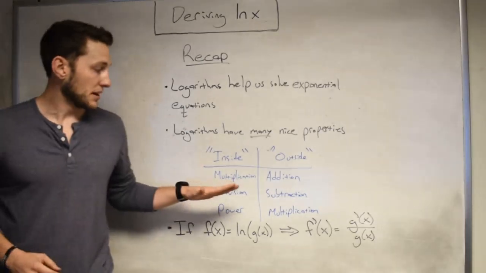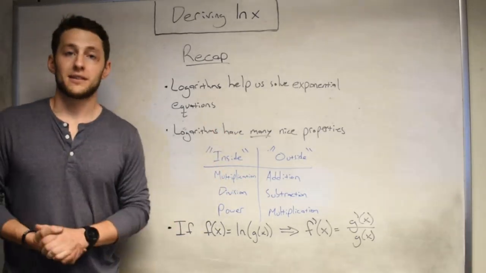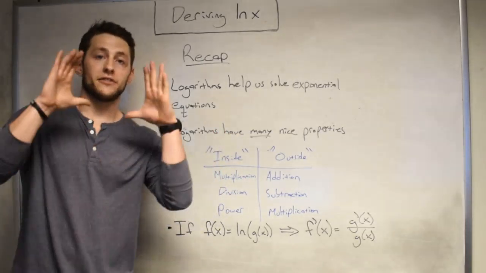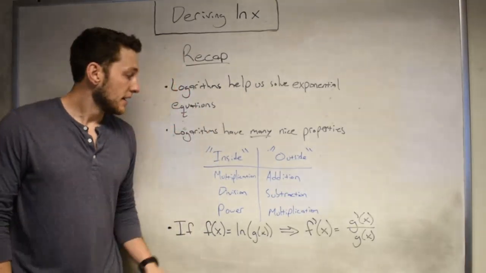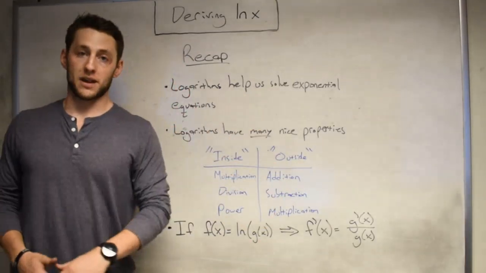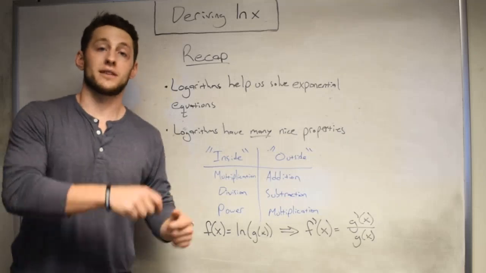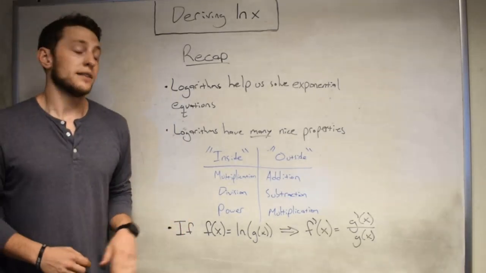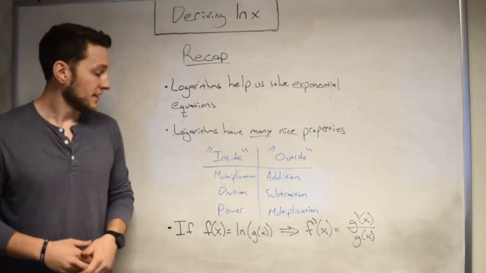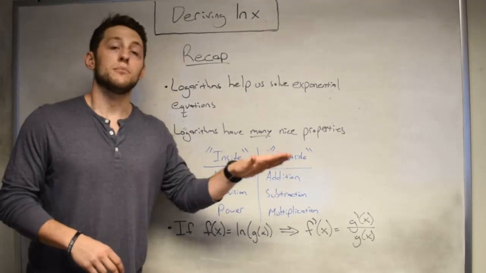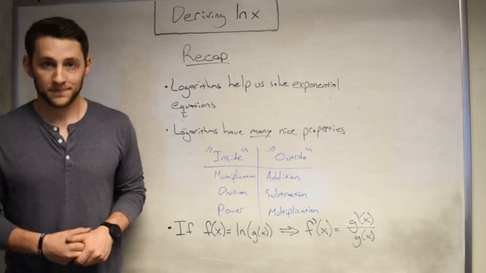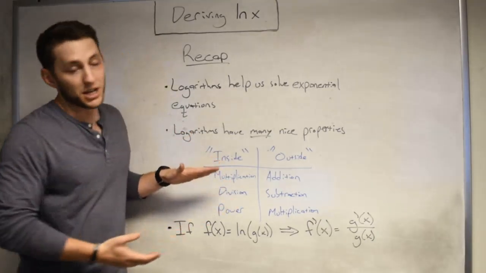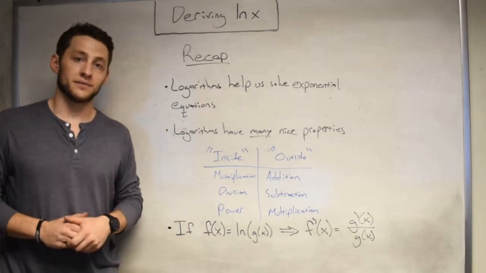As a quick summary, if you have multiplication on the inside, meaning the natural log of x times y, that leads to addition on the outside, the natural log of x plus the natural log of y. Similarly, division on the inside leads to subtraction on the outside, and powers on the inside are multiplication on the outside.